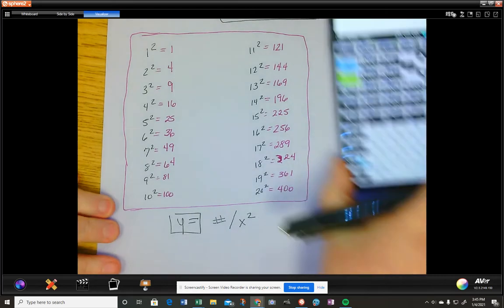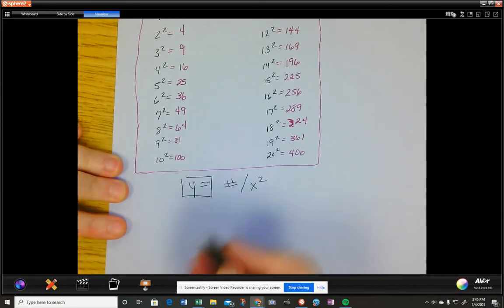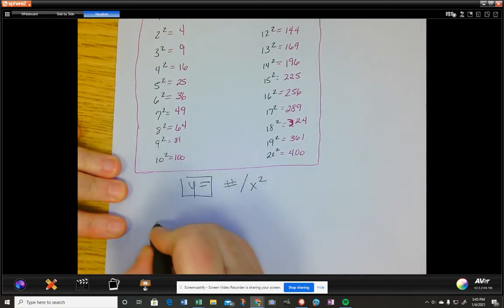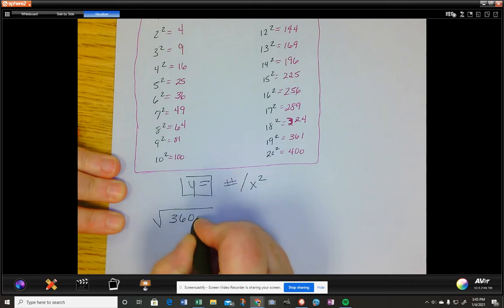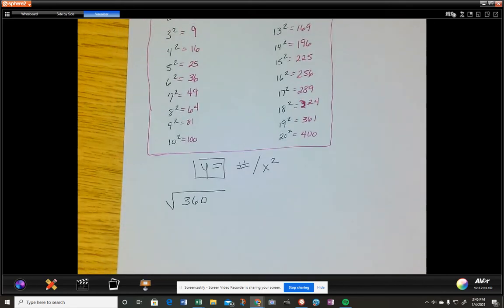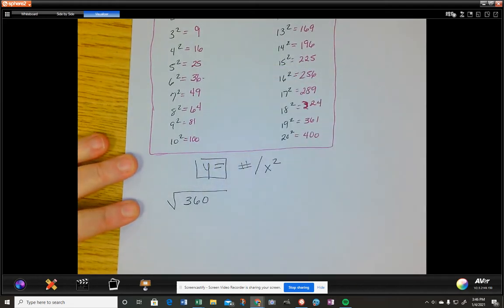So here we go. What we're going to do is, first off, I want to take the square root of 360. Well, does it look like any numbers that we have up here? Well, yeah, it has 36 in it.